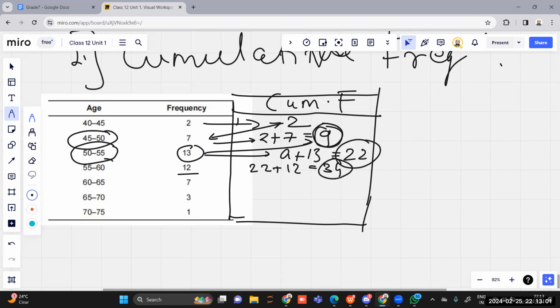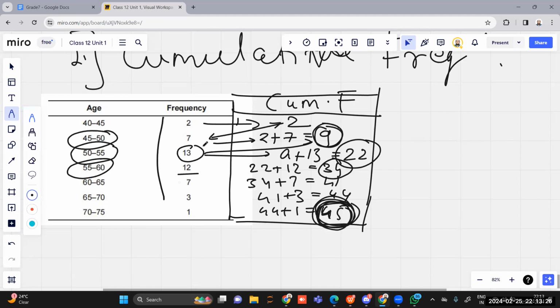Correct? And next 34 plus 7, so it's 41. Next 41 plus 3, so it's 44. And 44 plus 1, it's 45. Did you get that? How to do that? Every time, the last cumulative frequency will be equal to the total of the frequencies.